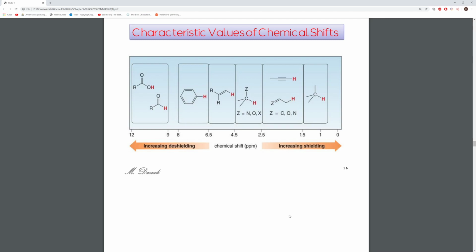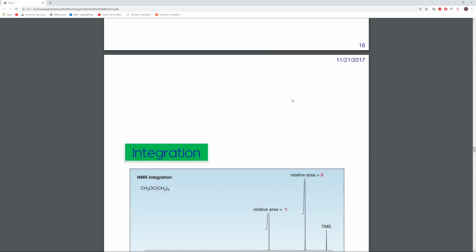But this is sort of the pattern of shifting where we have single bond, double and triple bond, single bond with an alkyl halide, double bond aromatic ring, oxygens pulling the electrons away. Again, if you want to memorize these, you can, but it makes more sense if you understand the logic behind it, I have found.